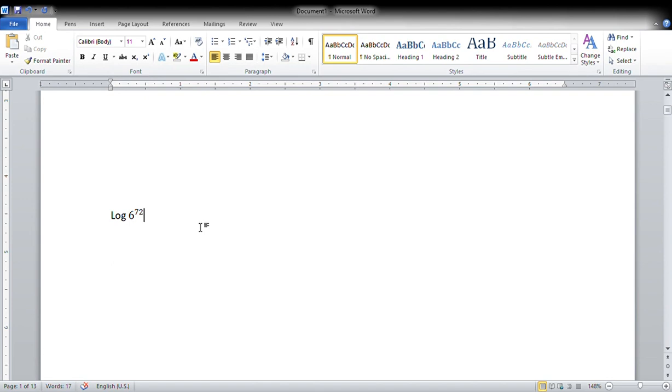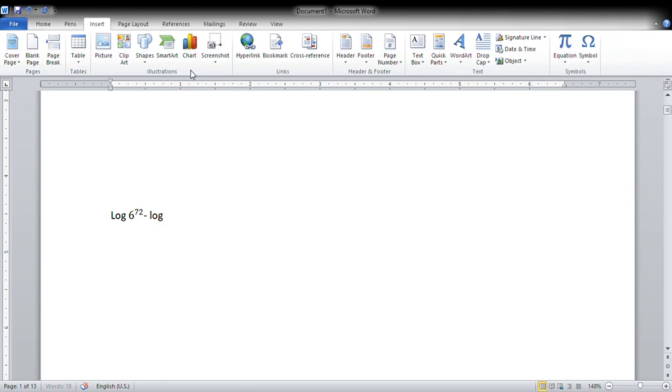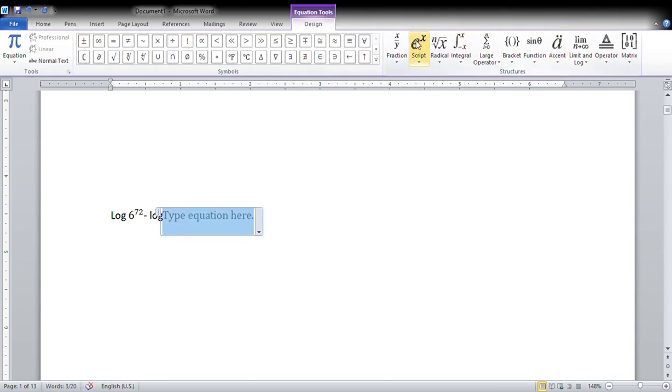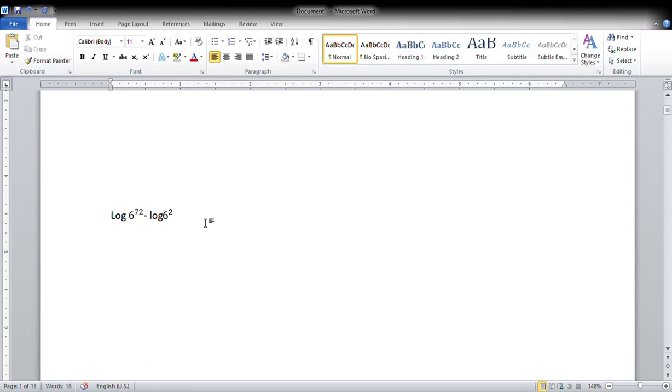Log 72 with the base 6 minus log 2 with the base 6, right? So it is the problem, right? What is that? Log 72 with the base 6 minus log 2 with the base 6.